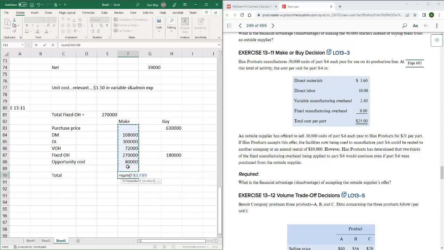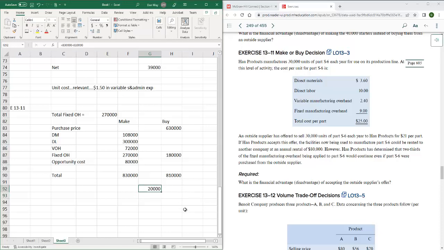So total cost of making this thing in-house, 830 grand. Total cost of buying from the outside supplier, $810,000. So all else equal, the net advantage of accepting the outside supplier's offer is the difference between those two, or $20,000.